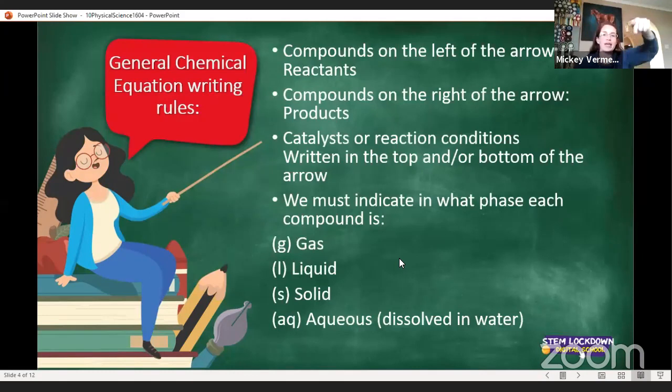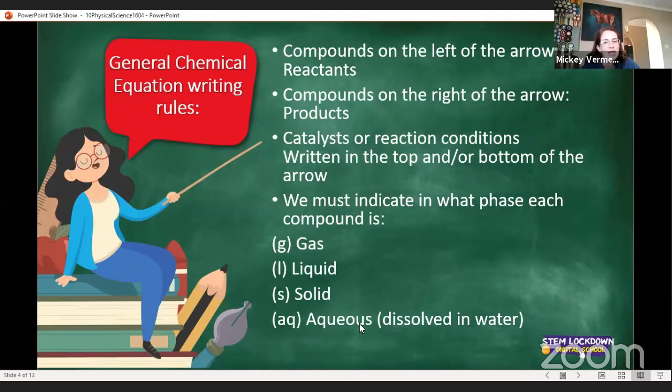Ironically, you have a catalyst in you. Your body has lots and lots of enzymes, okay? You would have heard that word when you did digestion in grade 9 NS. Yes, amylase. So the enzymes in your body are catalysts.